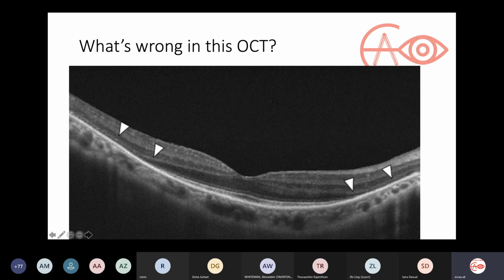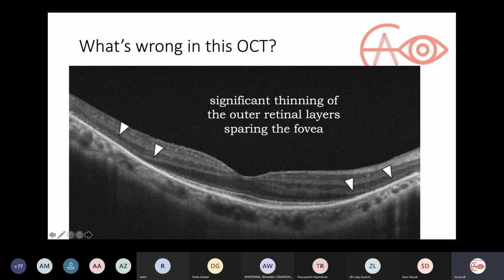So you have problems in your photoreceptors on your outer retina apart from the macula. So this is significant thinning of the outer retinal layer, sparing the fovea. This is an image of a patient who has retinitis pigmentosa, but you're not supposed to know the diagnosis without the history. But you're supposed to identify the pathology or describe it very well. So there is thinning in your outer retinal layers, sparing your fovea.